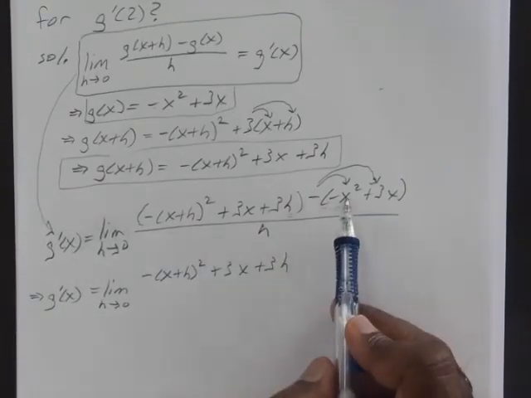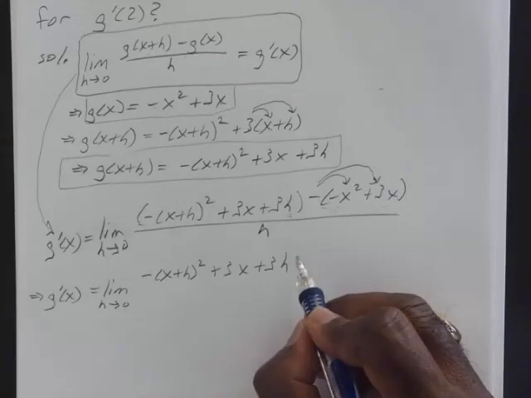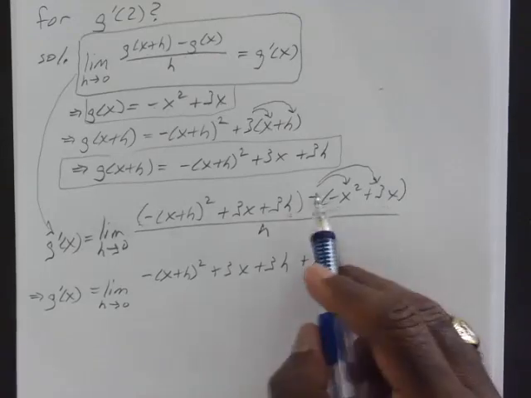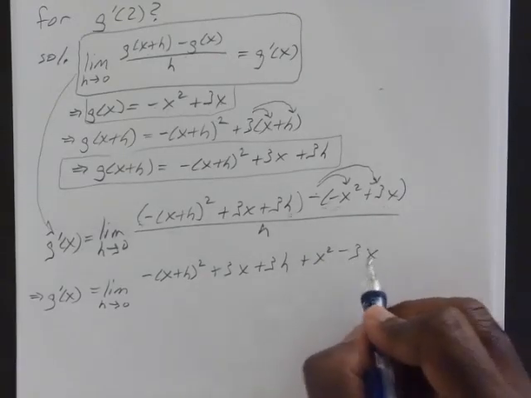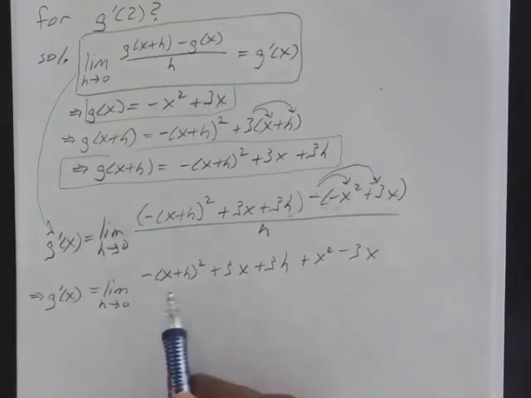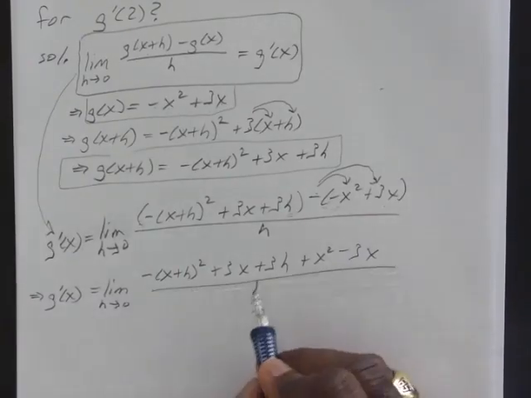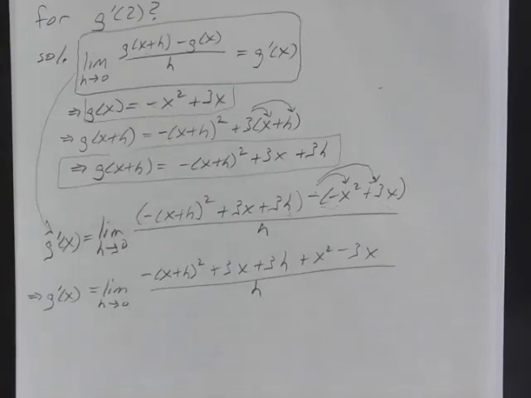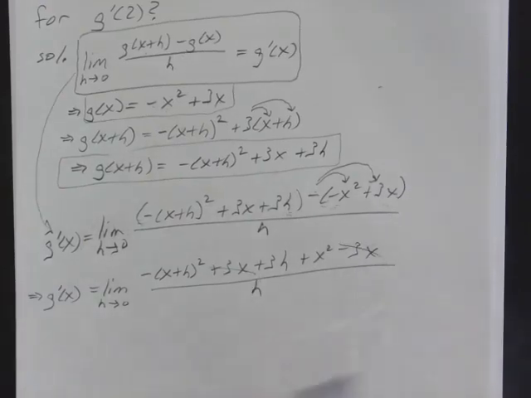You distribute that to negative x squared, you get positive x squared minus 3x all over h. Okay. If you notice, 3x and negative 3x or minus 3x, they add together to equal 0, so they disappear.